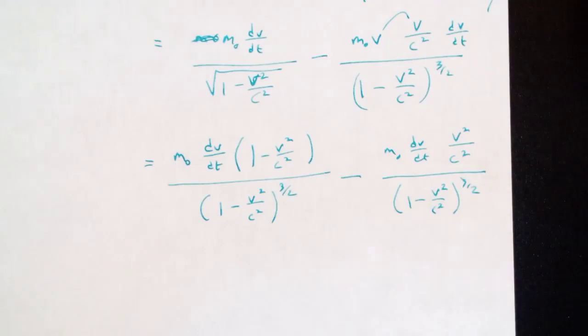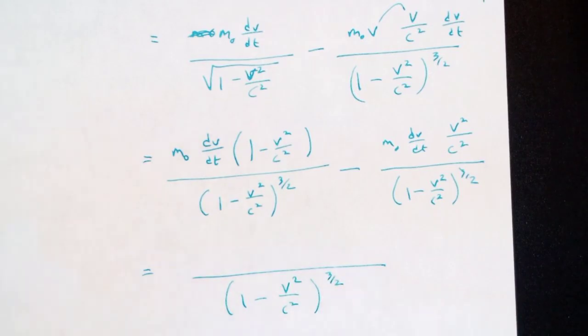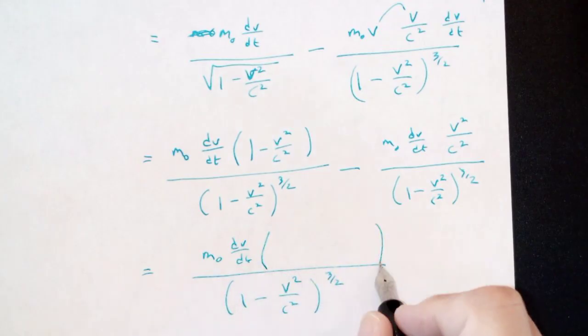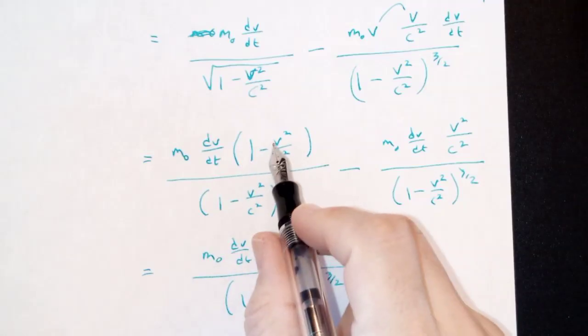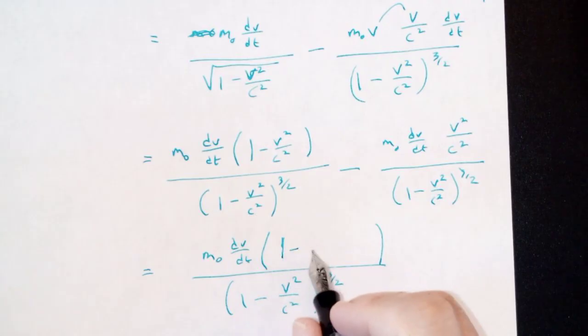It's all on the same denominator so that I can combine the tops. Notice there is an m0 dv/dt in both of these. I'm going to factor that out. What's left behind from the top of the first fraction if I factor out the m0 and the dv/dt? Oh, just this part. 1 minus.